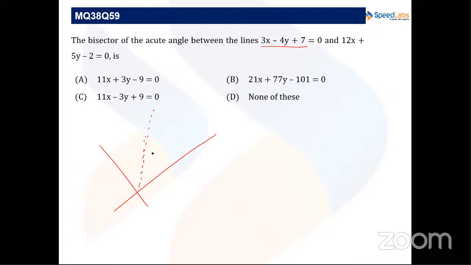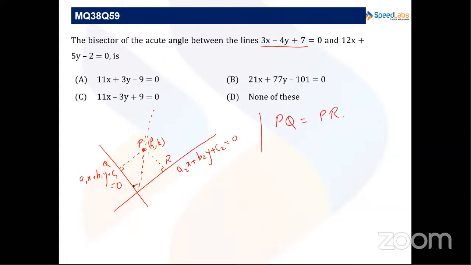The bisector, if we will take the perpendicular distance from any of the two lines, let's say this line we are having a1x plus b1y plus c1 equals to 0, and this is a2x plus b2y plus c2 equals to 0, and we are having some point h comma k on the bisector, then P, Q and R. So the distance PQ will be equals to PR.